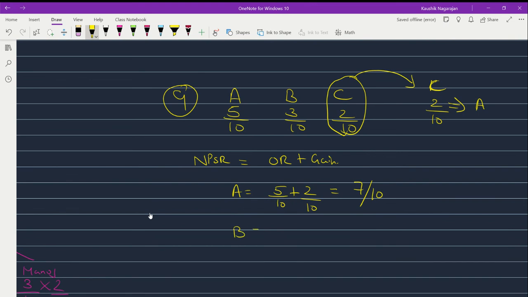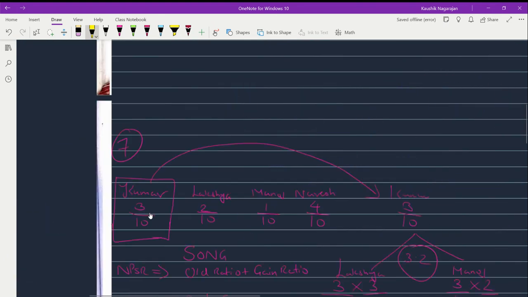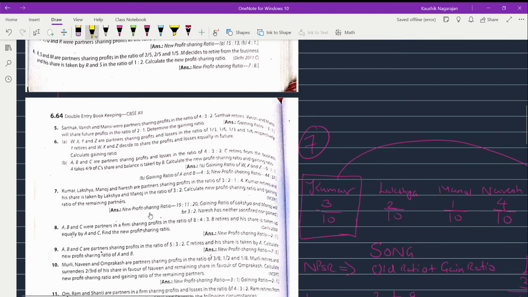Whereas for partner B, it remains as the old one, 3 by 10. Therefore, your NPSR in this case is going to be between A and B 7 is to 3. Just check your answer. The value for partners A and B is 7 is to 3.